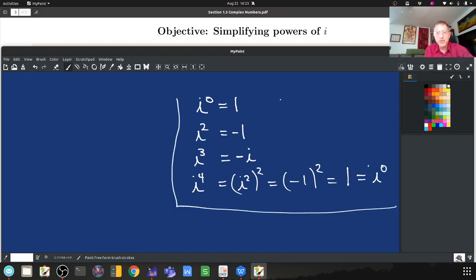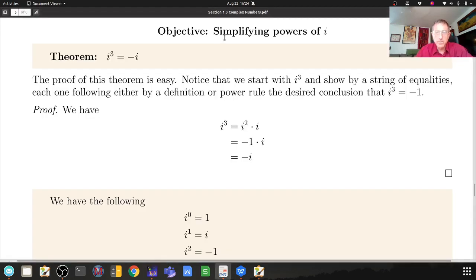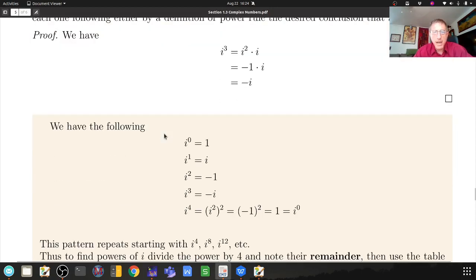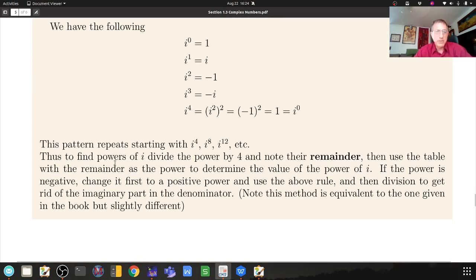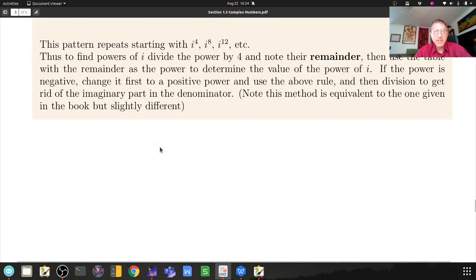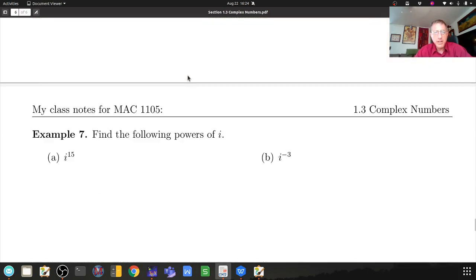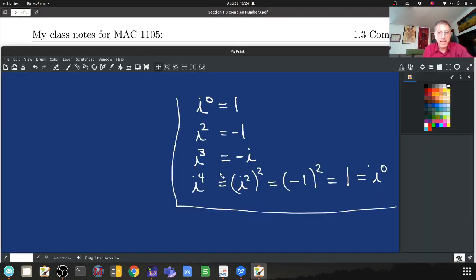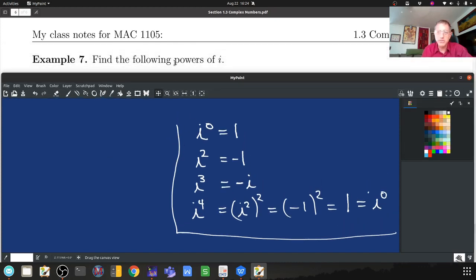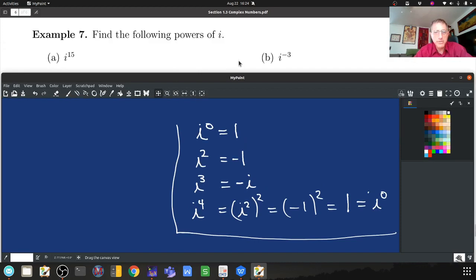This pattern right here is going to be used to solve the powers of i problem. So what you have to do, when you're given a power of i, is find its remainder when divided by 4, and then use this table, or the table written down in your notes, to proceed.